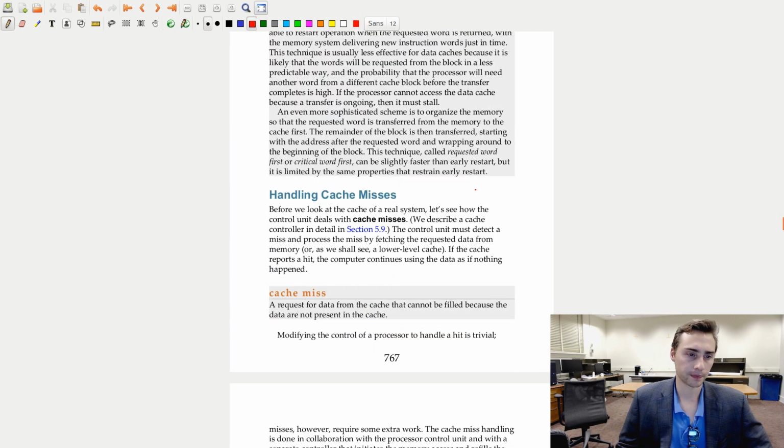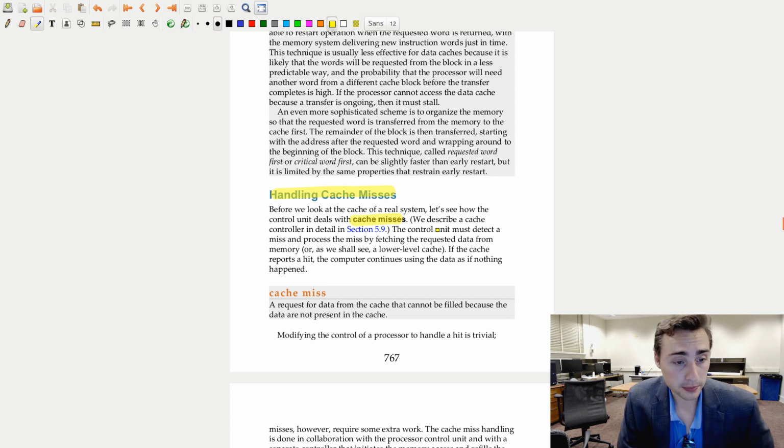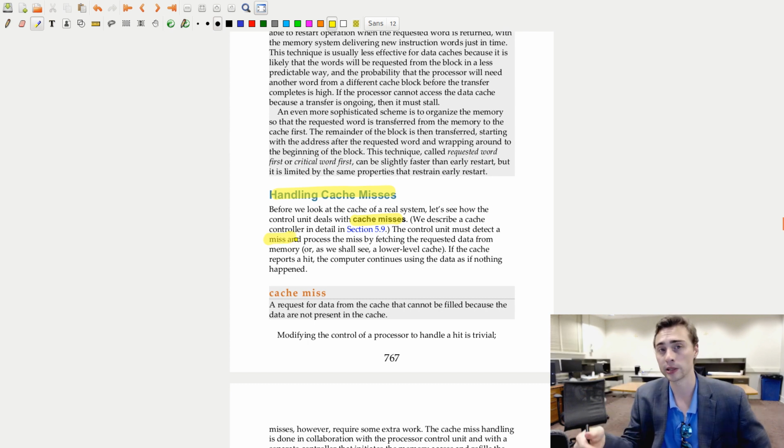Okay. So how do we handle a cache miss? We talked a lot about cache hits, but we haven't really talked about what happens on a miss. Before we look at cache in a real system, let's see how the control unit deals with cache misses. The control unit must detect a miss, and that's by the equality of the valid bit and whether the tags match.